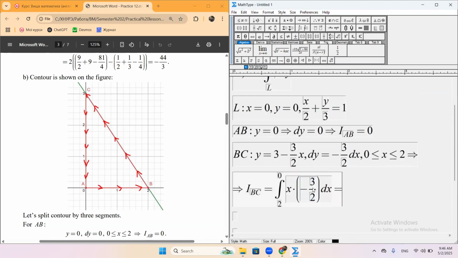Now let's transform it to a more convenient form. 3 over 2 moves in here, and we will turn over the limits of integration, so the minus will go away, and we have just the integral of x dx from 0 to 2. So we have 3 over 4 x squared with substitutions from 0 to 2.